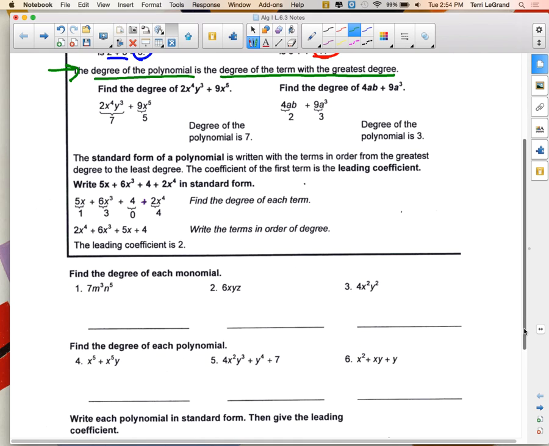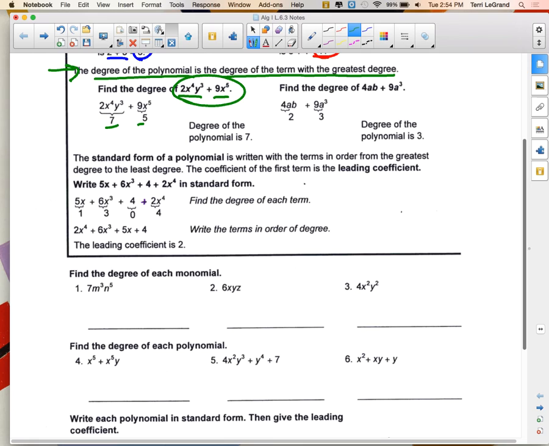So here's what we do. To find the degree of this polynomial, how many terms does that have? How many monomials are in it? I only see 1, 2. Right? There's only one addition sign there. So it's a 2-term polynomial. It has 2 monomials. So what they did is they found the degree of each monomial.